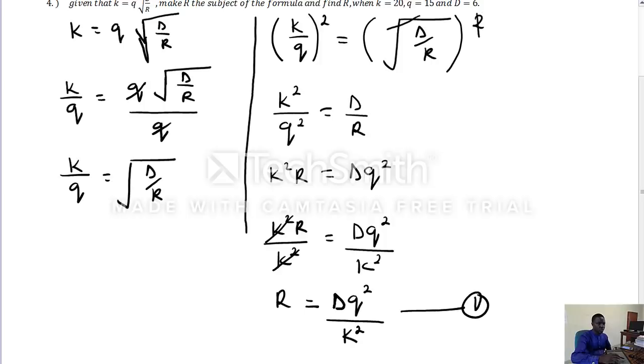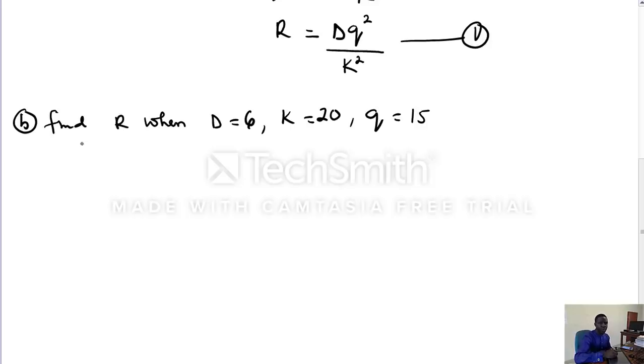So I'm going to substitute the values of D, Q, and K in this equation to get my value of R. Okay, the second part of the question says we should find R when D is equal to 6, K is equal to 20, and Q is equal to 15. But I already have the relationship that R is equal to DQ squared over K squared. So what I'm going to do is to substitute all these values for D, K, and Q in the relationship.